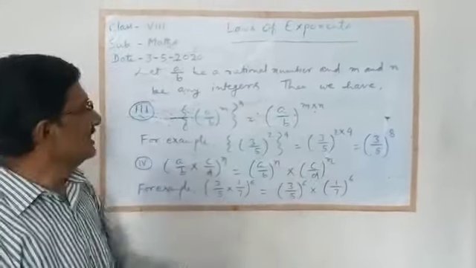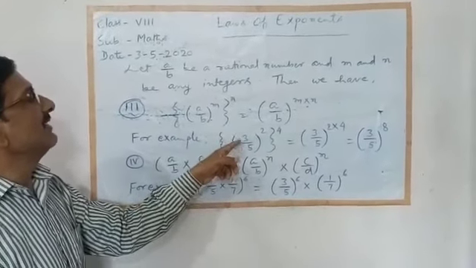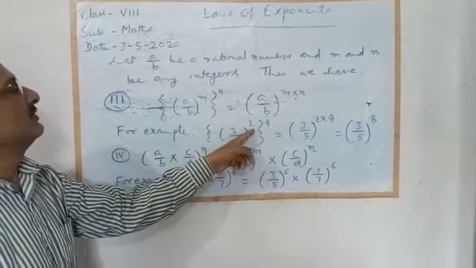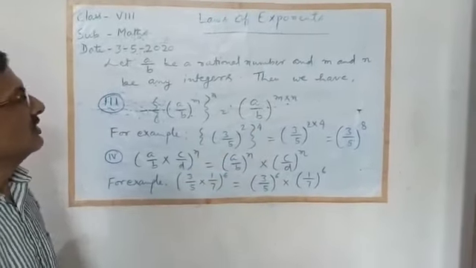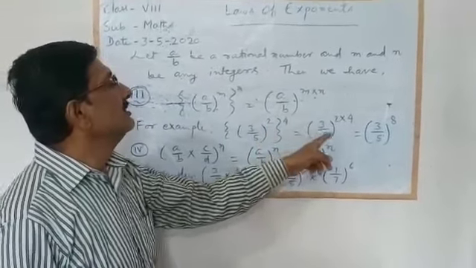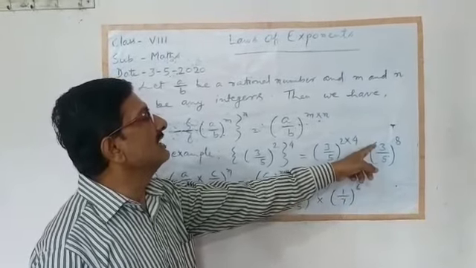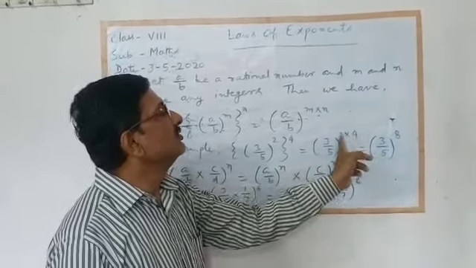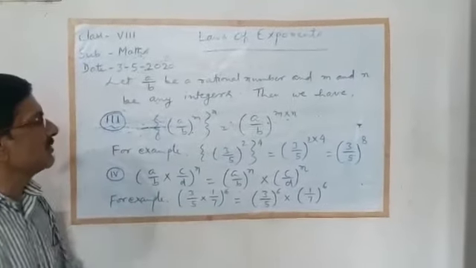For example, we have taken (3/5)^2 and whole to the power 4. So that will give you the result (3/5)^(2×4), that will be equal to (3/5)^8. So in this way we can solve the problem.